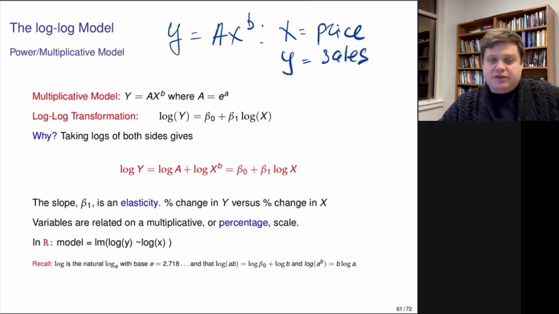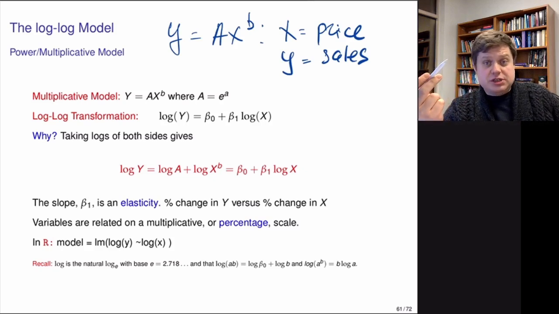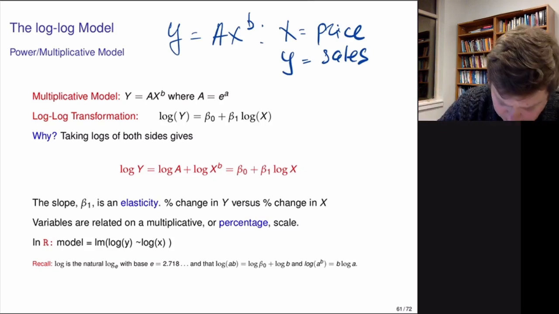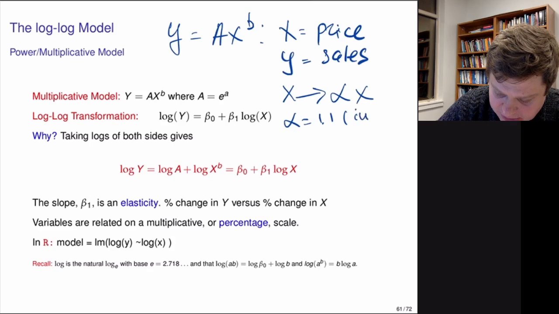Instead of asking, if I increase price by $10, how much do my sales change, I'm going to ask: if I increase price by 10%, what is the percent change in sales I'm expecting to see? In other words, I want to know what happens if I change x to alpha x.